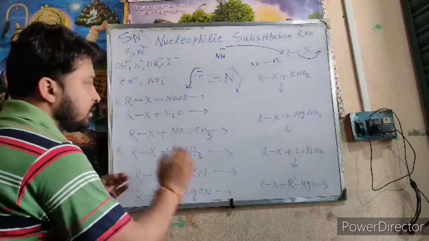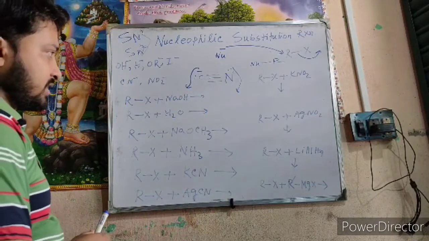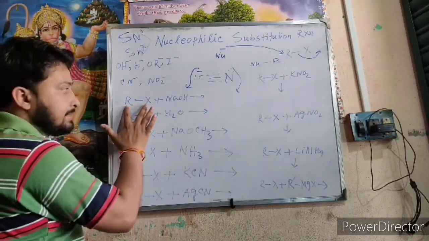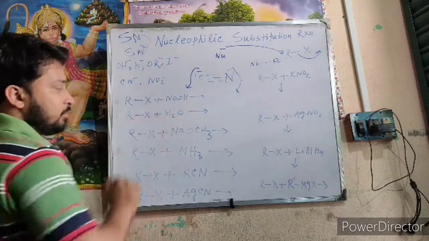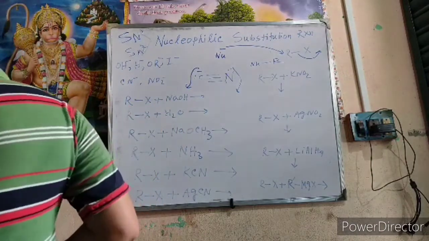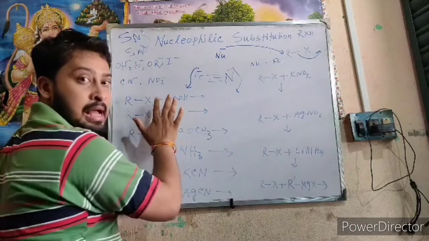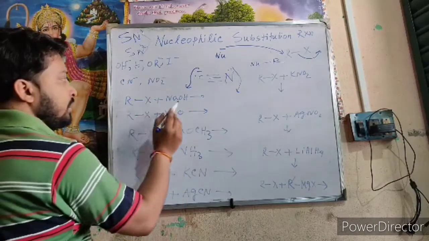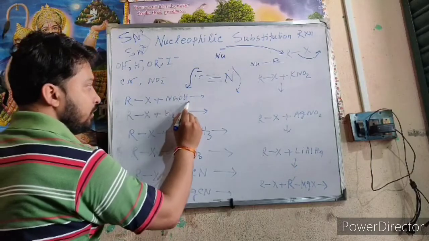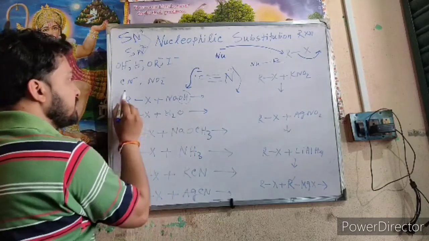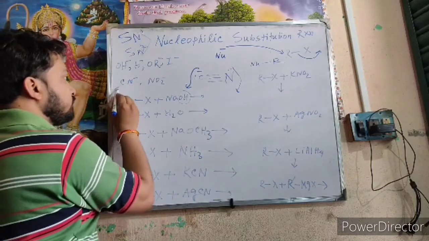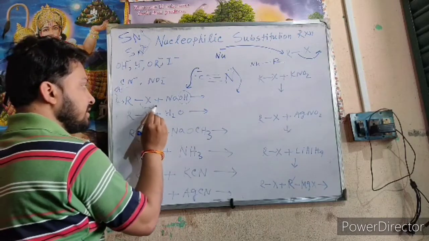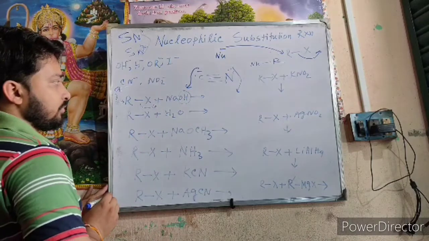So there are some nucleophilic substitution reactions. Let's see. This is RX. It reacts with NaOH. What happens? The nucleophile is OH minus. So OH minus attacks this R, and X is removed from here.